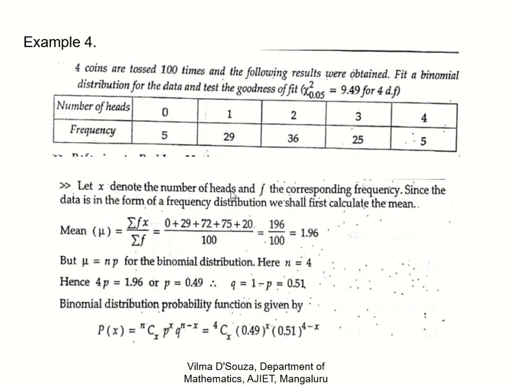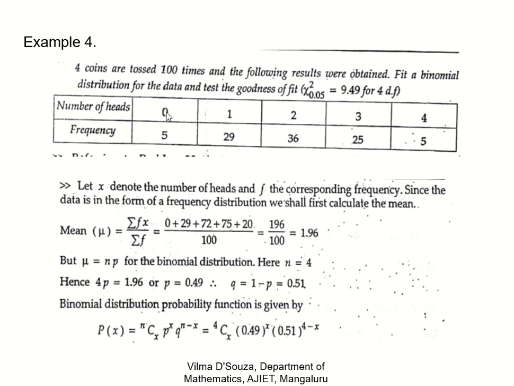Let x denote the number of heads and f the corresponding frequencies. Since the data is in the form of a frequency distribution, we shall first calculate the mean. Remember, mean mu is equal to summation f into x divided by summation f.